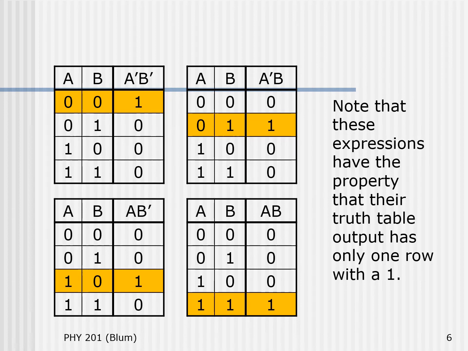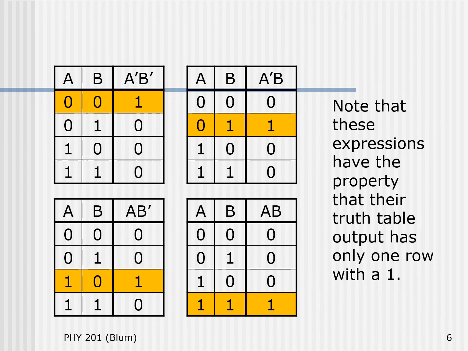Here we are showing 4 different two-input truth tables in which the output has a single 1, and the rest zeros. So in the first one on the top left, it's the expression for a prime b prime, which is a 1 for the first row and 0 for all other rows.